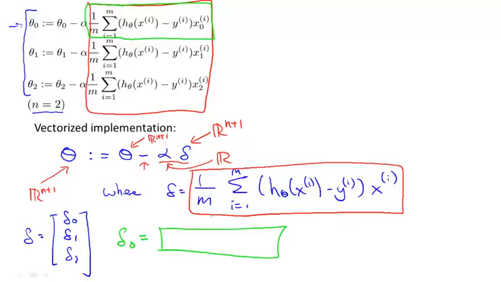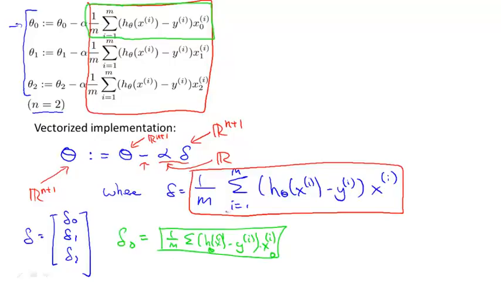And indeed, you might be able to convince yourself that delta 0 is this 1 over m sum of h of x i minus y i times x i 0. So let's just make sure that we're on the same page about how delta really is computed.